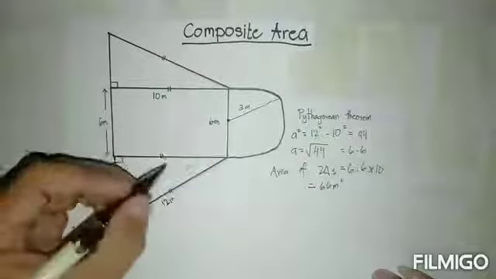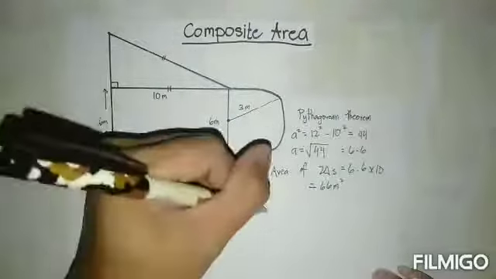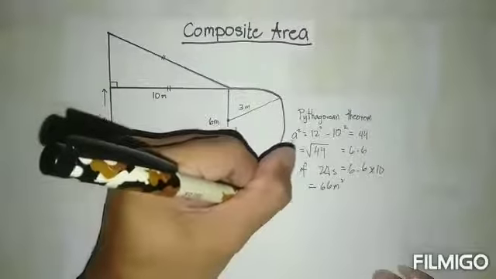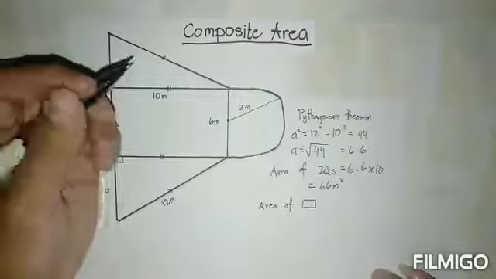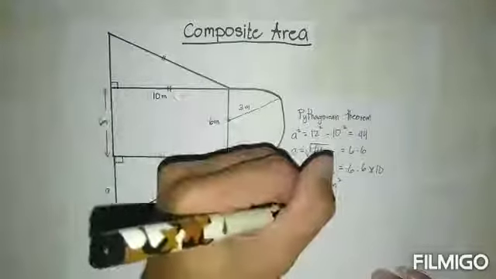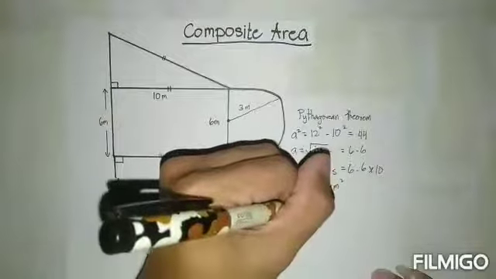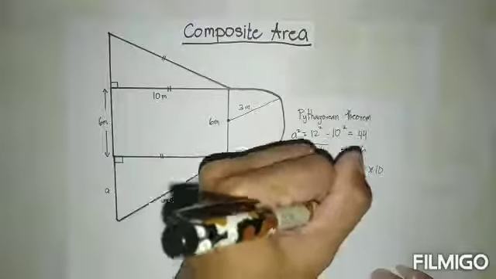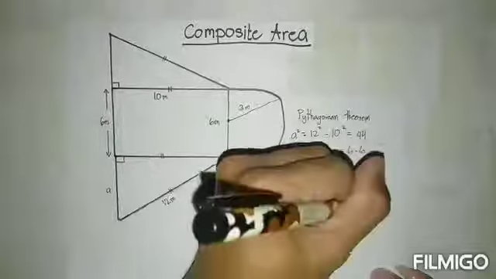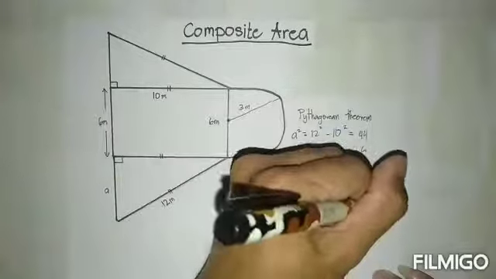And then next, the area of the rectangle, which is length times width. So 6 times 10 is equal to 60 meters squared.